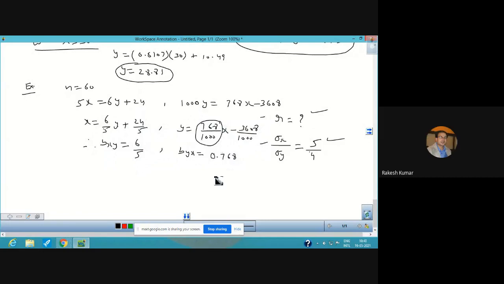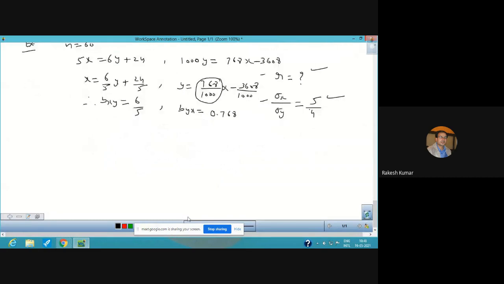Now these are the regression coefficients. We know the value of bxy, that is r sigma x over sigma y, that is 6 over 5. Similarly, byx is r sigma y over sigma x, 0.768.